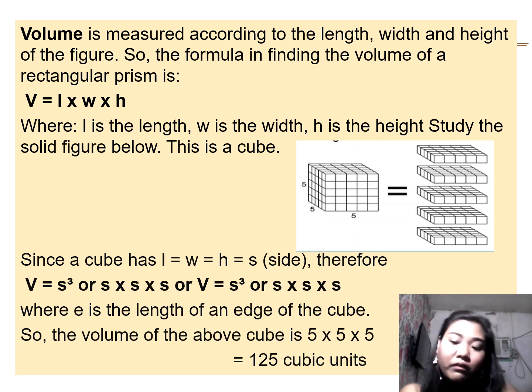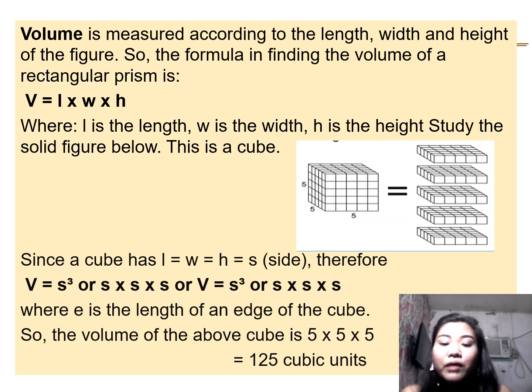Therefore, the volume of the cube is equal to S times S times S, or the volume of the cube is equal to S cubed, where S is the length of the edge of the cube.